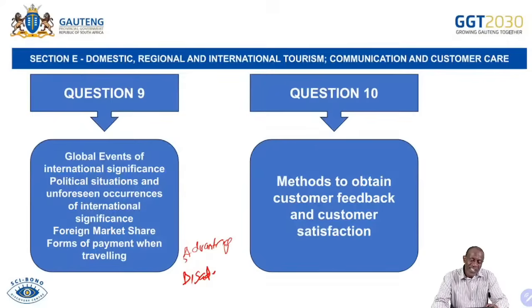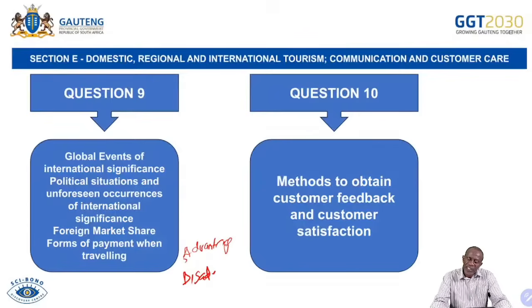So once it is lost, you may not get it again. Unlike a credit card, once it is lost, you can stop your card immediately and your funds will be saved. But with cash, once it's lost, you will not recover it.